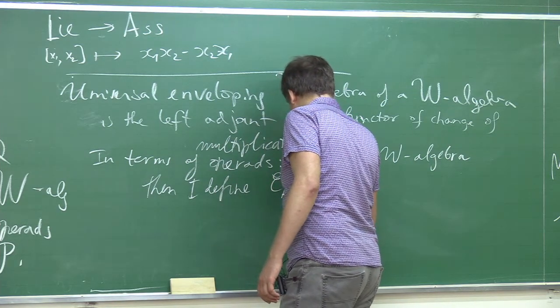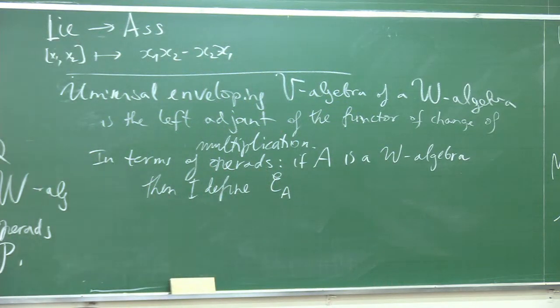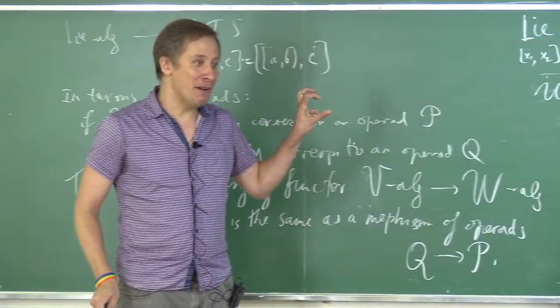So for the moment, I'm still in the category of linear species. So the species I'm going to define now is very much not reduced. Even worse, it's completely concentrated on the empty set. So it is going to be very non-reduced.